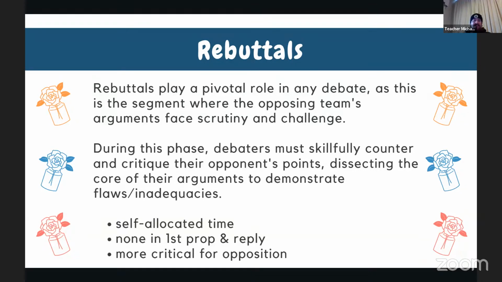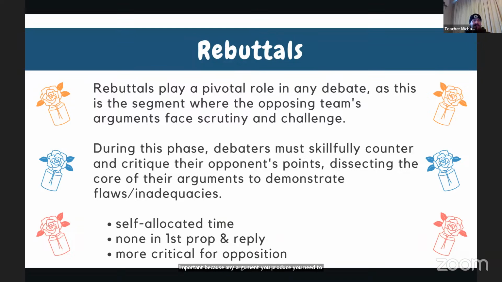So simply put, a rebuttal is when the next speaker in line from the opposing team gets to make points that try to discredit what the previous speaker has just said. This is important because any argument you produce, you need to be able to defend it.